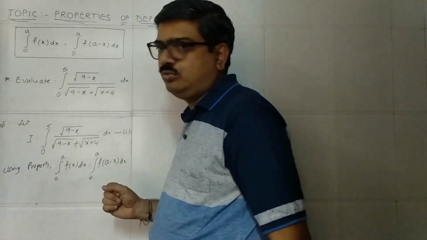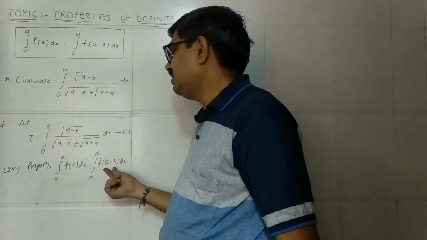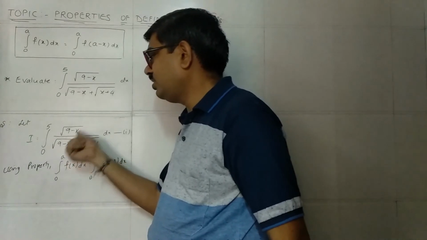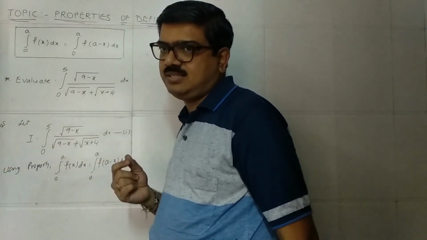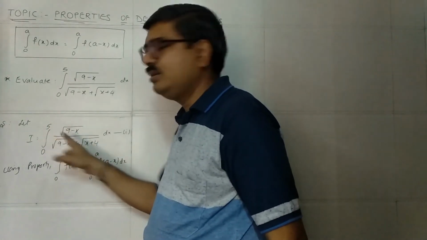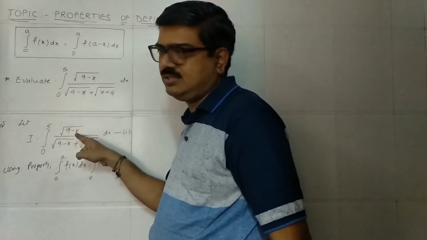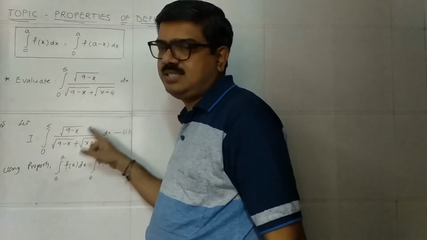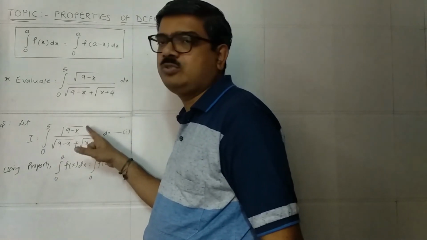What you have to do is, in place of x you put a minus x, as I said earlier. Wherever you find the x term, in both numerator and denominator, we put a minus x. Here the value of a is 5, so put 5 minus x in place of x within brackets. Always remember to use brackets.